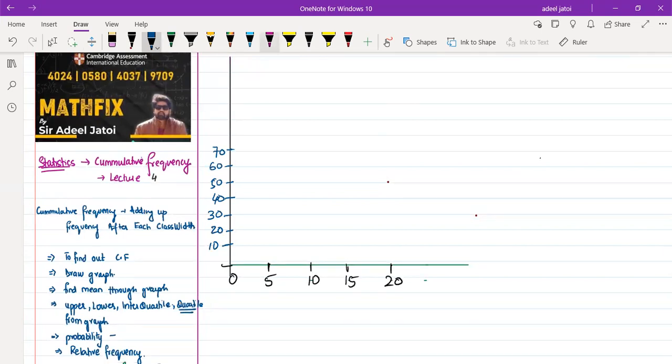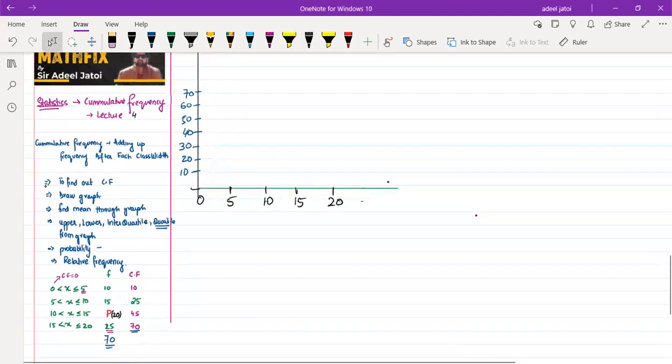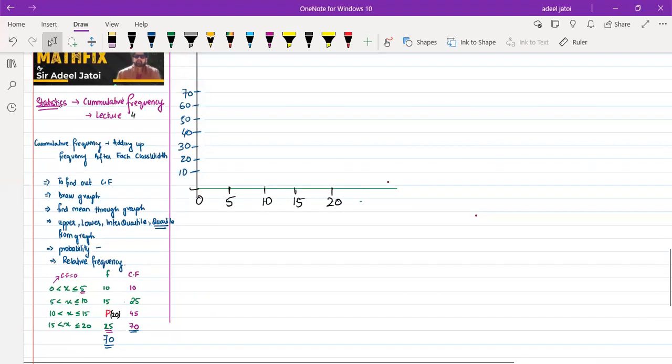Understanding the concept that when you had 0, the cumulative frequency was 0. So this graph will start from 0 itself.